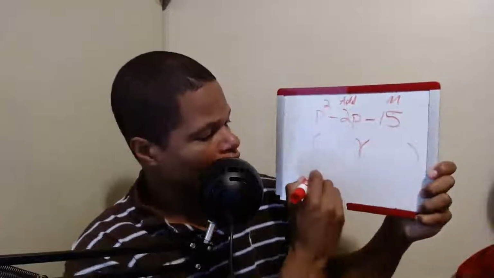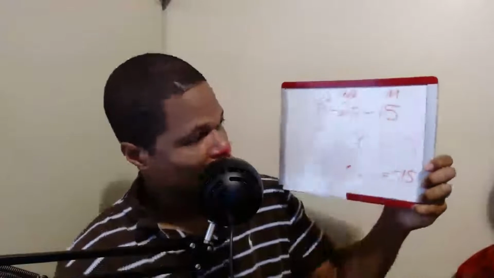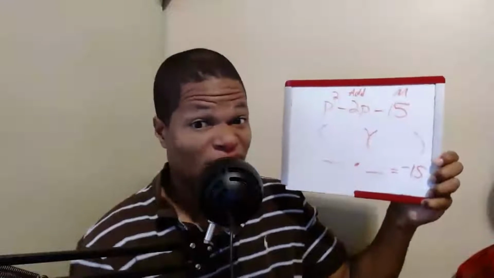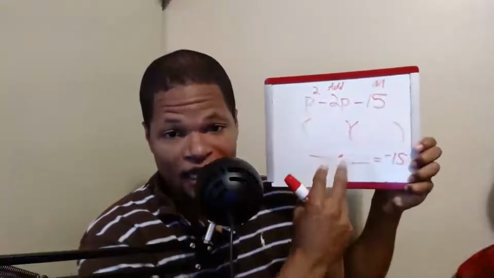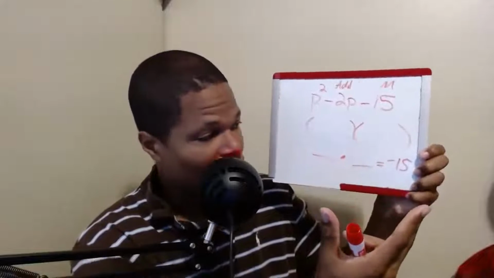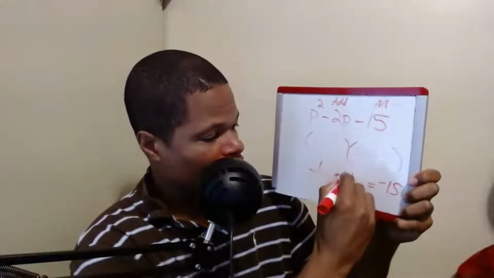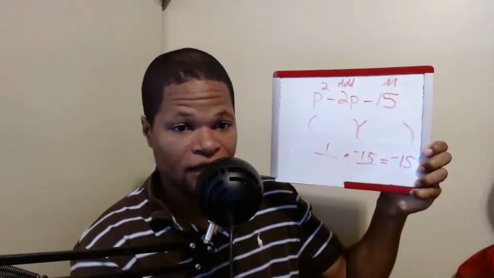So let's think of two numbers. I'm going to put little blanks here that multiply to negative 15. Now remember, not positive 15, negative 15. That means one number is going to have to be negative, one number is going to have to be positive, because a positive times a negative is a negative. All right. You could try 1 times negative 15. You could try that, and that multiplies to negative 15.